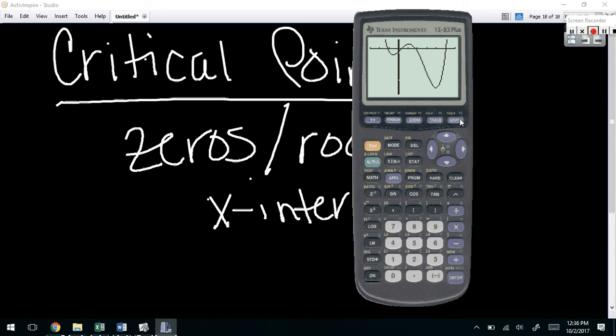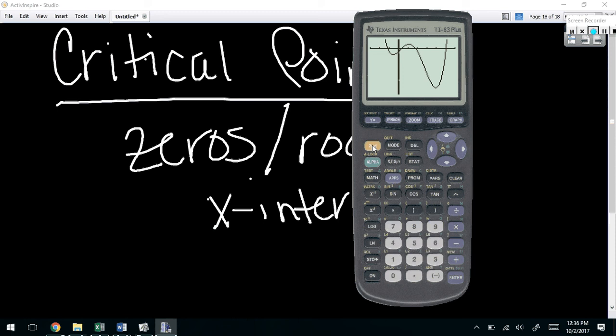Okay? So, I want to calculate the zeros. How many zeros do you see? 4. How many times does it cross the x-axis? 4. All right, here's where, if you have a TI, which most of us do, you have to stay with me. Now watch what I do.